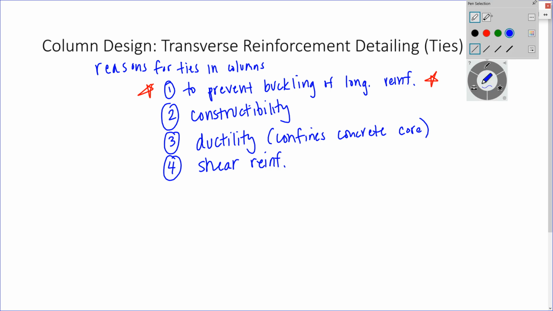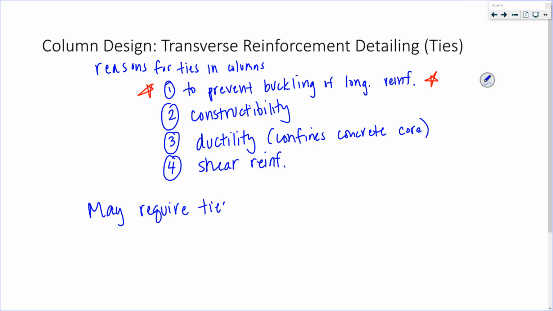If you require ties for shear strength, similarly to beams, you may have some shear.